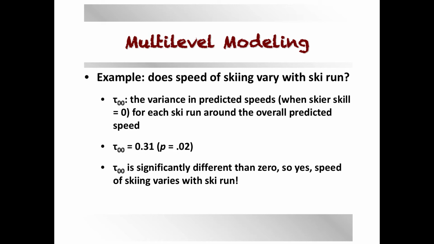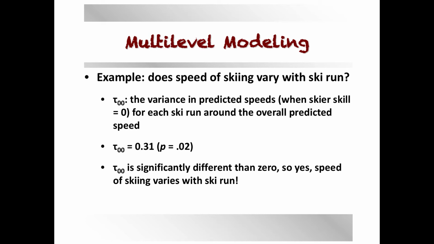So we've got the tau 0. We'll find this in SPSS based on the second example here in a little while, at the end of the video. SPSS will give you 0.31. I'm not giving you the math on how that 0.31 is calculated, but it's essentially the same thing as calculating a variance of those 10 numbers. So you would take, let's say, the 10 intercepts and calculate a variance.